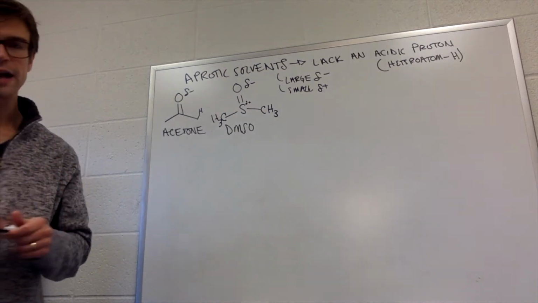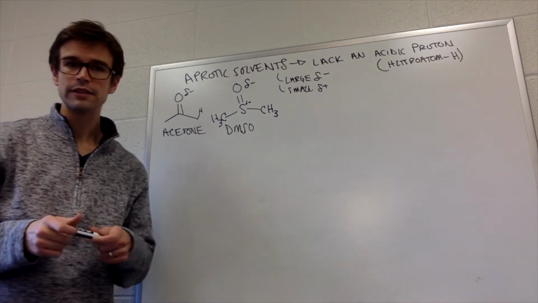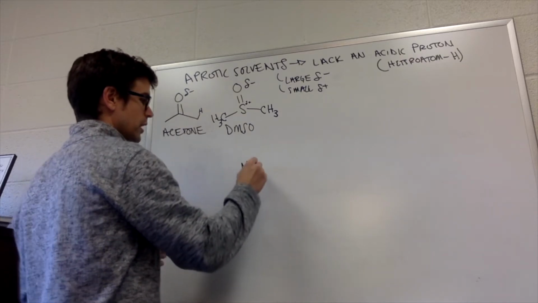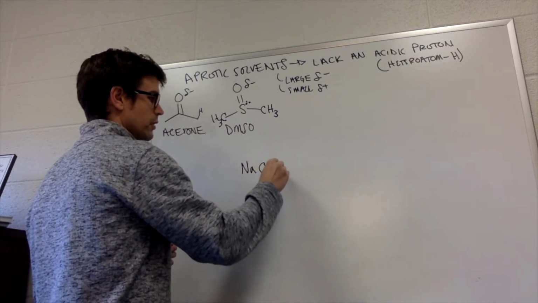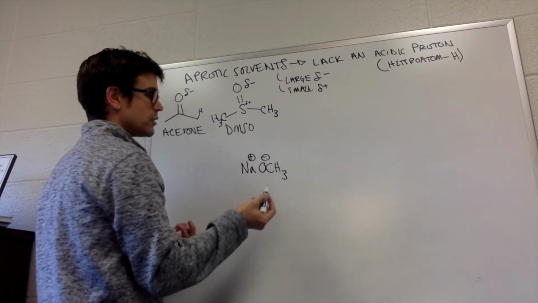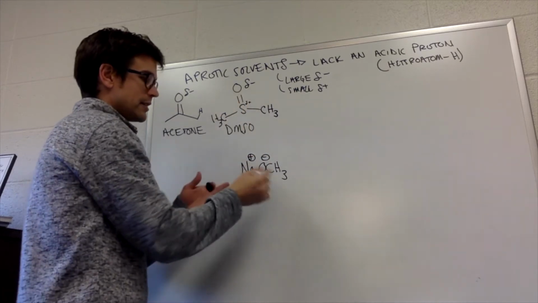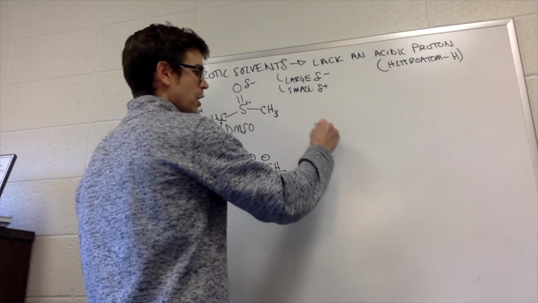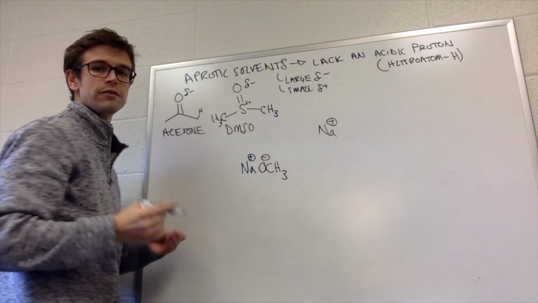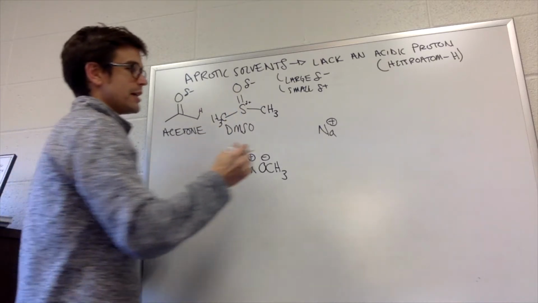So how is that going to impact the nucleophilicity of nucleophiles? If we had, again, the same nucleophile we talked about in the last video, sodium OCH3, that means you have sodium plus and OCH3 minus. Does this stabilize either of those? We know in solution we'd have sodium plus, and we can see how the oxygen of DMSO would stabilize that sodium plus.